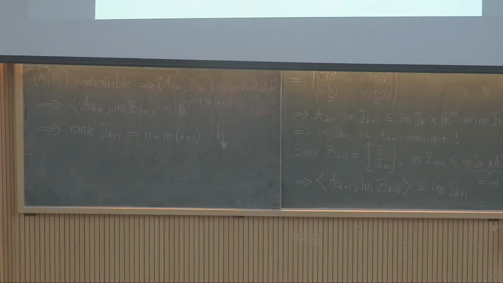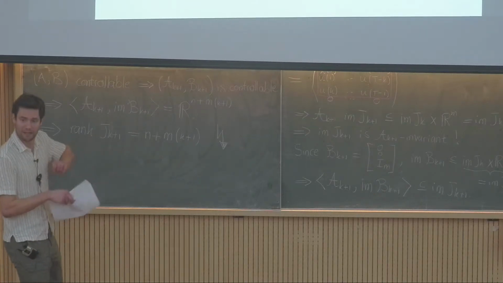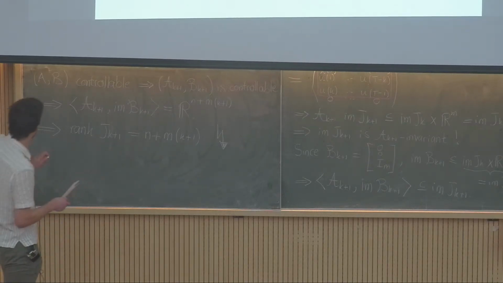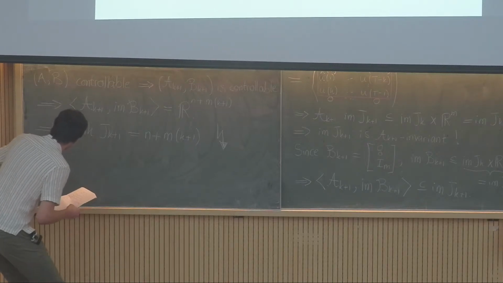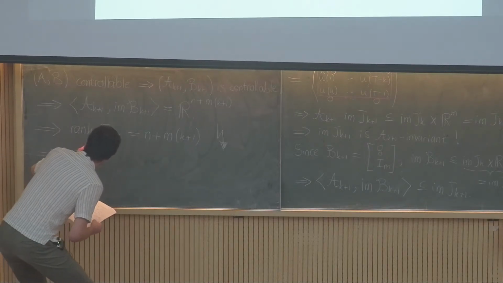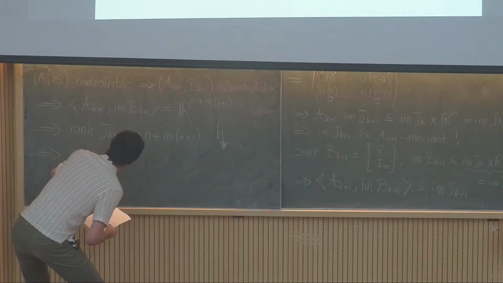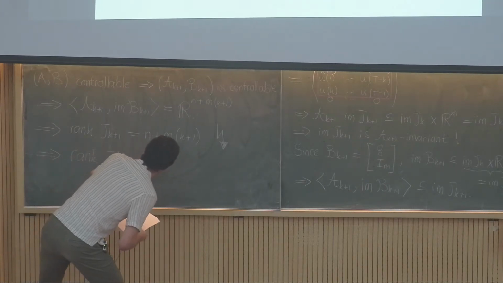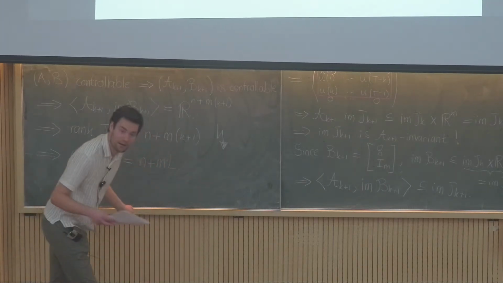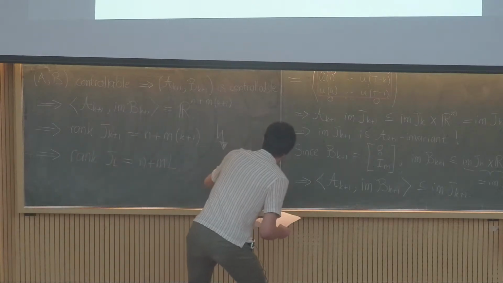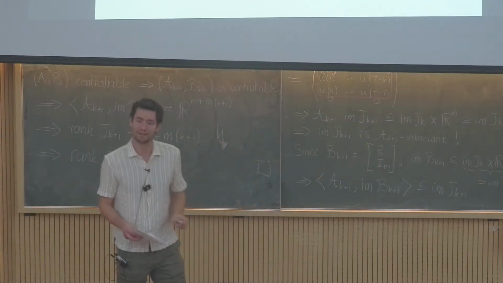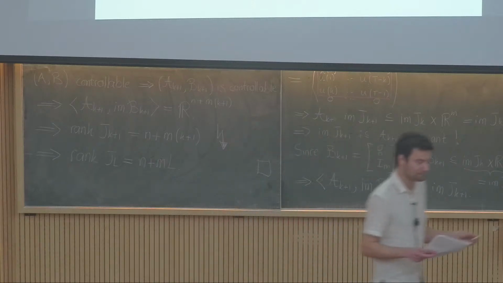Right? So indeed, we reach a contradiction, and that means that finally we have proved that indeed the rank of JL must be equal to n plus ml. Great. And then we have proved, indeed, item 1 of the fundamental lemma.